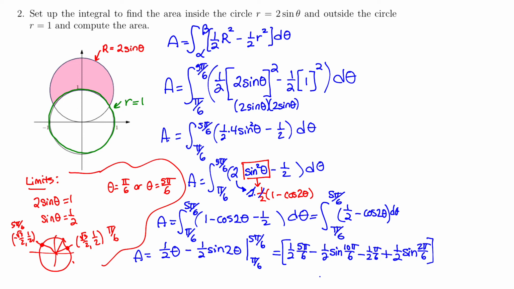That gives us 10 pi over 12. I'm getting a 12 in here. Minus 1 pi over 12. Should it be 10 pi? Wouldn't it just be 5 pi? It is minus pi over 12. Oh, God, yes. Thank you.